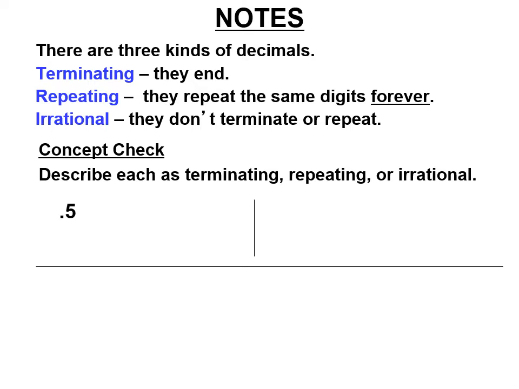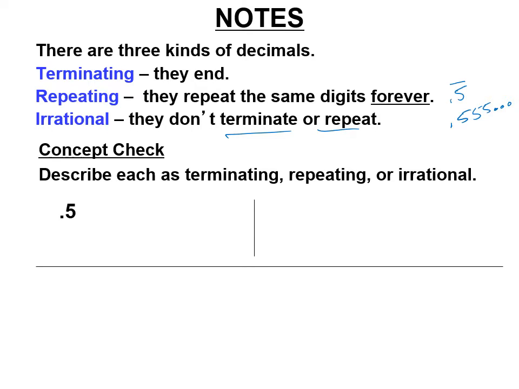And we show that with either a bar on top or 3 dots. You establish the pattern, then you show the 3 dots. And now the third type are irrational numbers. They're decimals, and they go on forever just like repeating decimals, but they don't have any repeating pattern. Okay, they don't end and they don't repeat. They don't terminate or repeat.